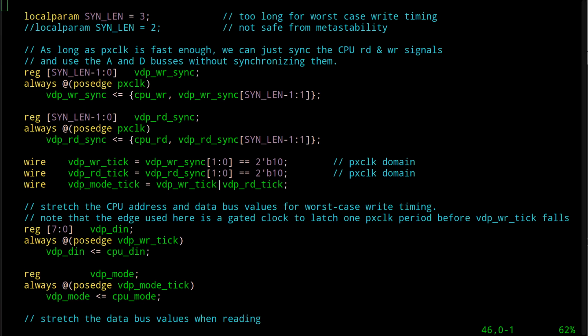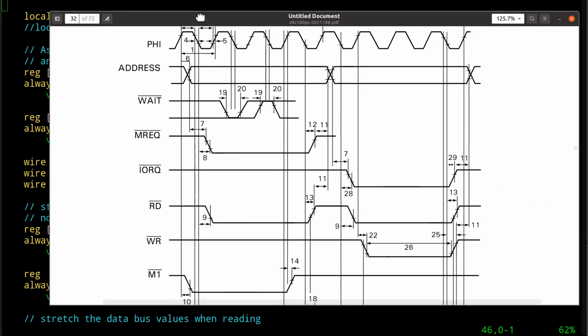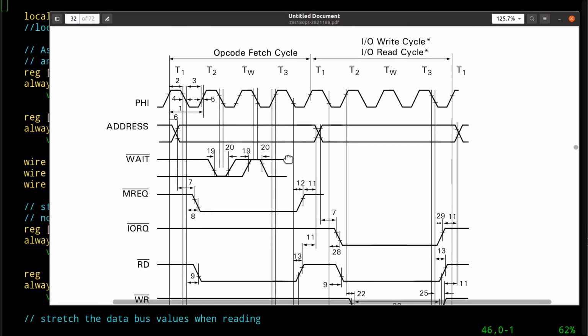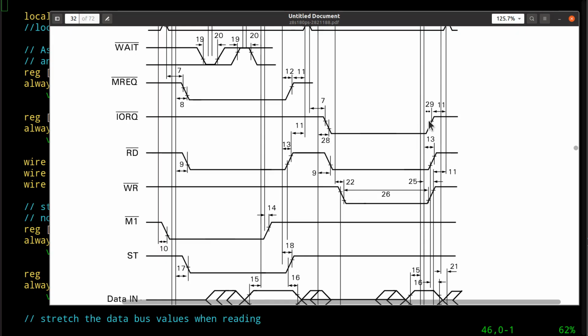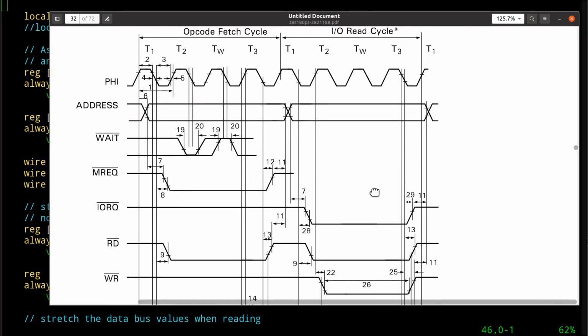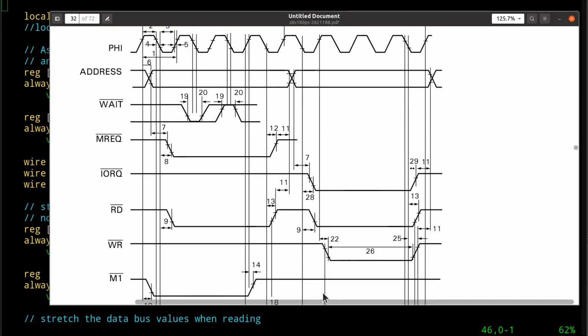Now, that's all fine and dandy, except for the fact that it comes in the CPU clock domain, and we need it in our pixel, our graphics clock domain. So we have a pulse that goes true to represent this period when we're trying to do an IO operation from the CPU so we can access the VDP registers or the memory. We have another signal that goes true when read is active and IO rec is true here.